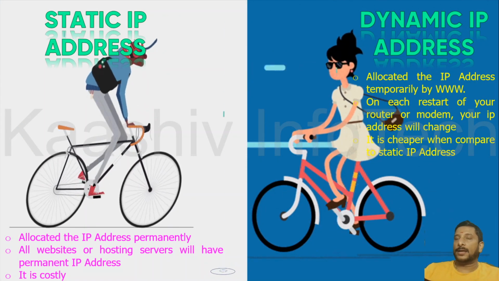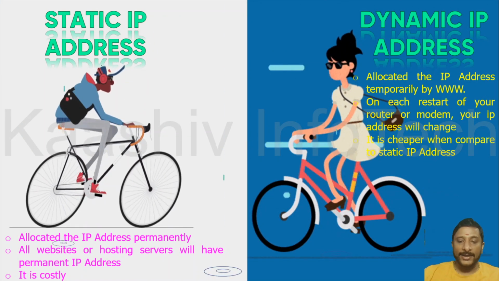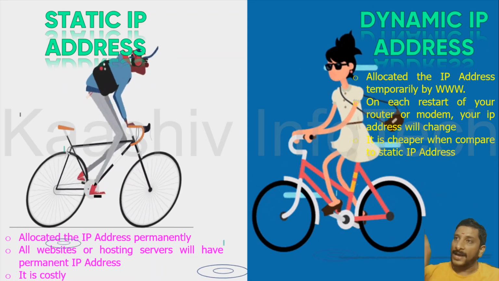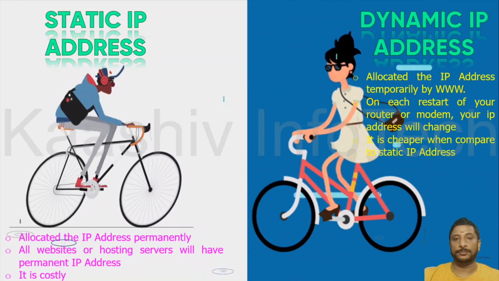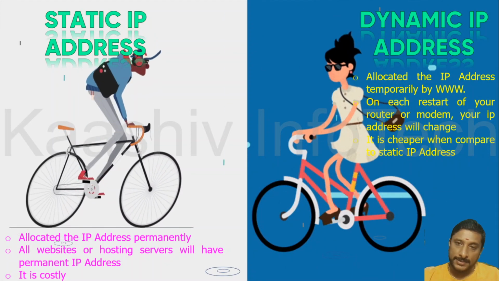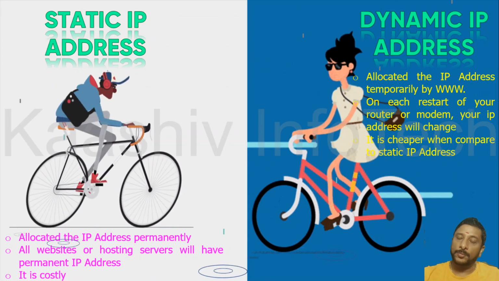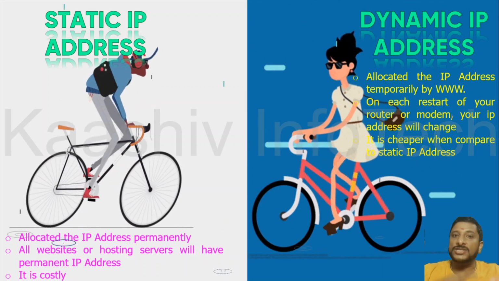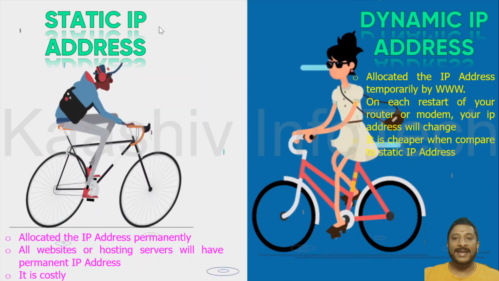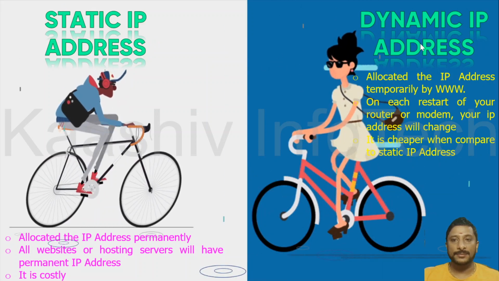Like, I switch on the modem and use my internet. I switch off the modem now. Tomorrow morning, I switch on the modem. Today I got an IP address. One off and on of the modem, you got another IP address. So every time the IP address is changing for me. That is called as dynamic IP address.